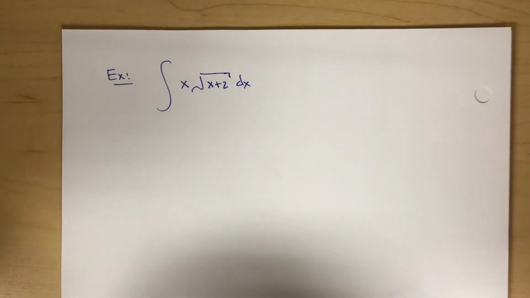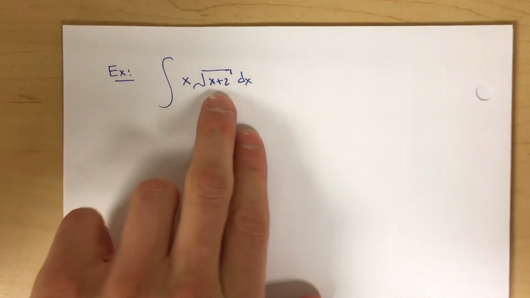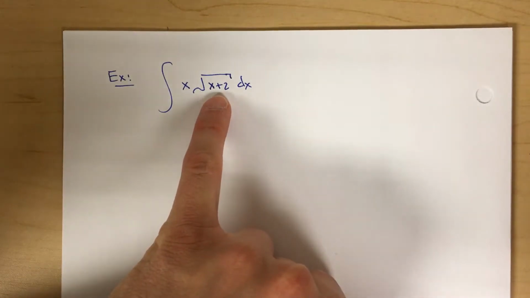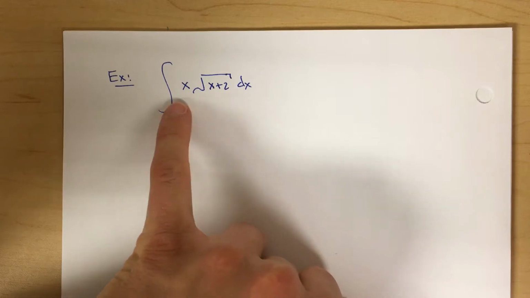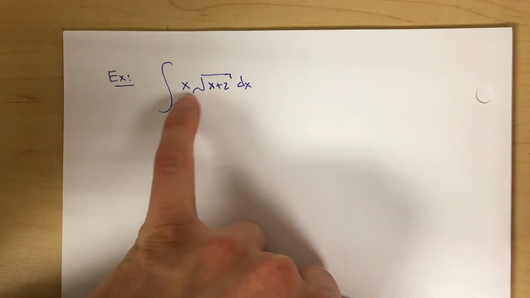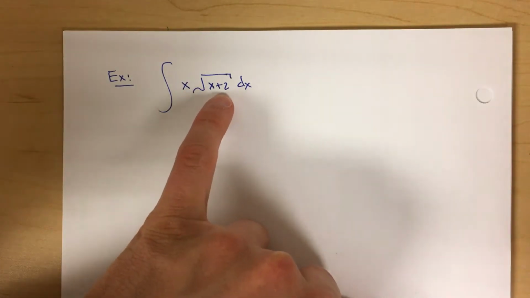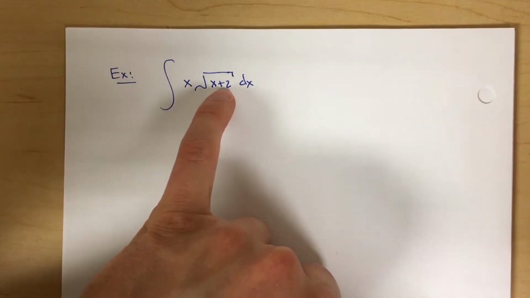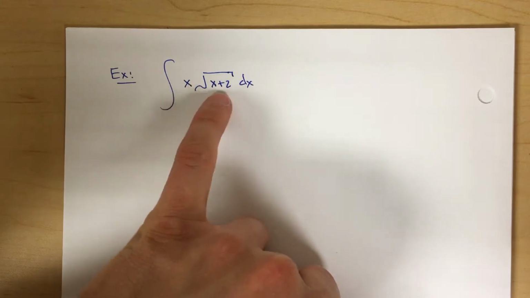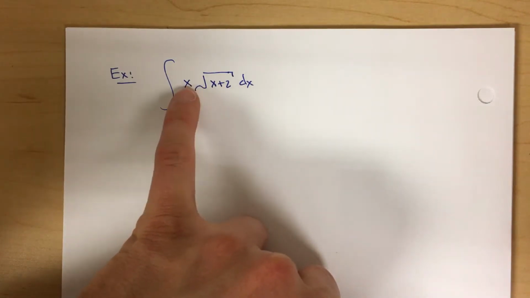All right, so this is a little different because we have an x plus 2 in a root here, and then we also have an x. We can't multiply this through because of the addition inside the radical. There's not exactly an inner function and its derivative, but the inner function and what's outside are basically the same thing. They have a linear relationship, x plus 2 and x.